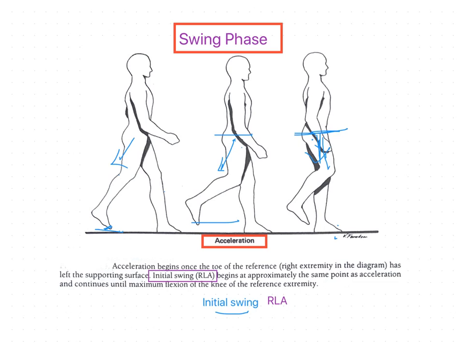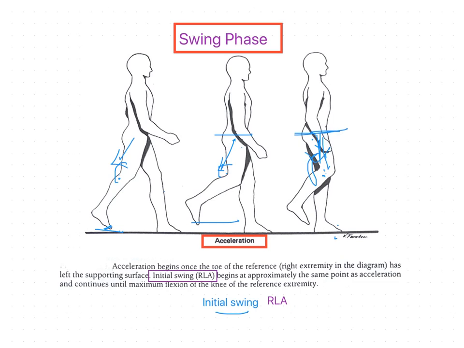If you see the definition of RLA, initial swing begins at the same point as acceleration and continues until maximum knee flexion of the reference extremity occurs. If you can see the knee flexion here, it is very less at the initial stage of acceleration and somewhat increased, and at the end of acceleration it attains maximum knee flexion. This is the definition of RLA given to this initial swing.